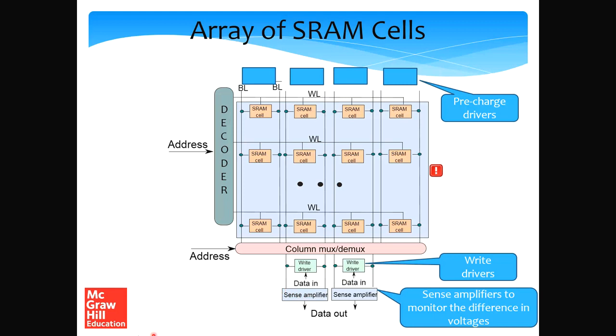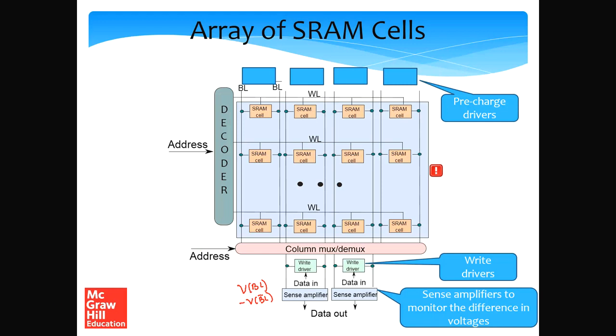The role of the sense amplifier is basically to monitor the difference between the voltage of one bit line minus the voltage of the other bit line. So it just monitors the difference. Once the difference increases above an acceptable threshold, it declares the result, either a logical 0 or a logical 1.